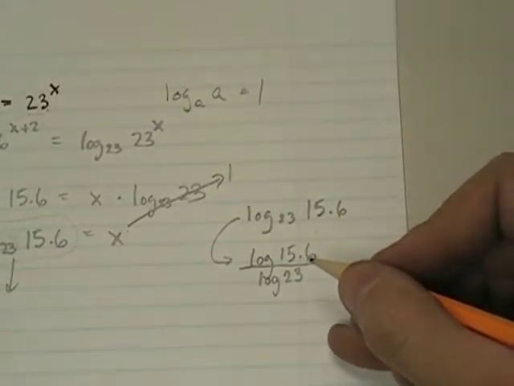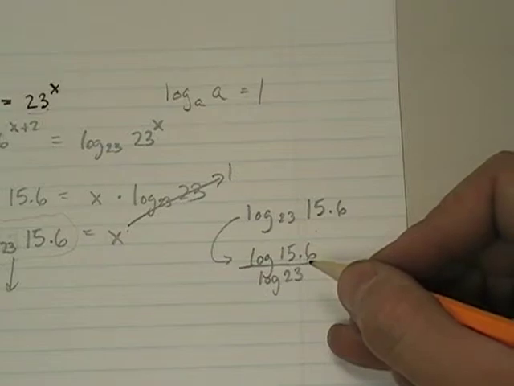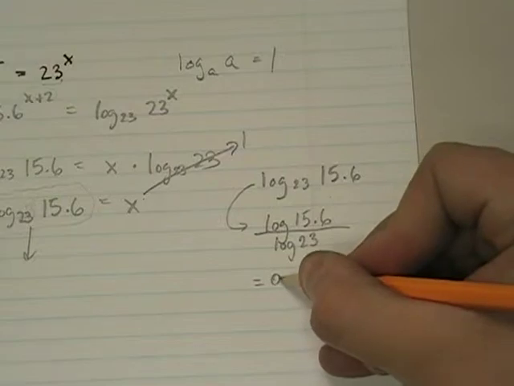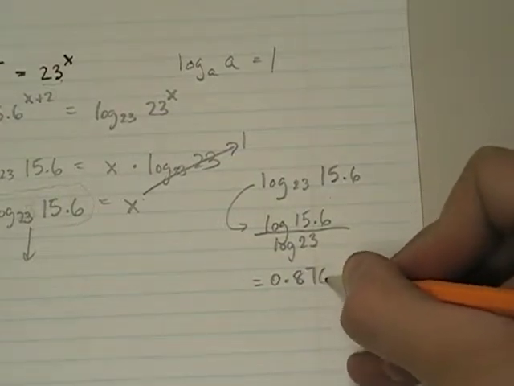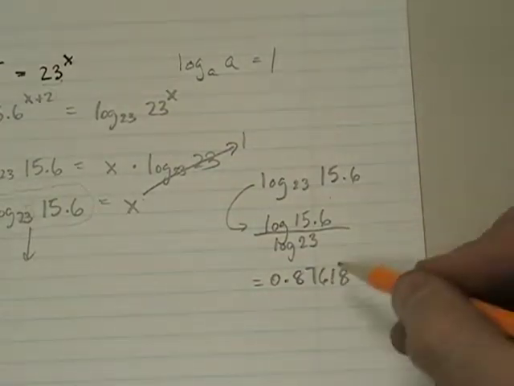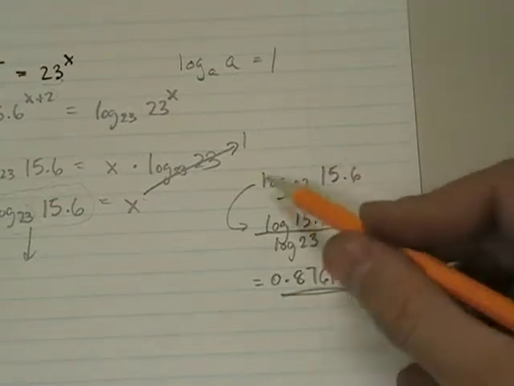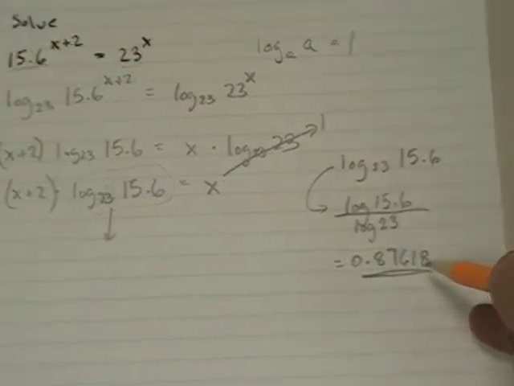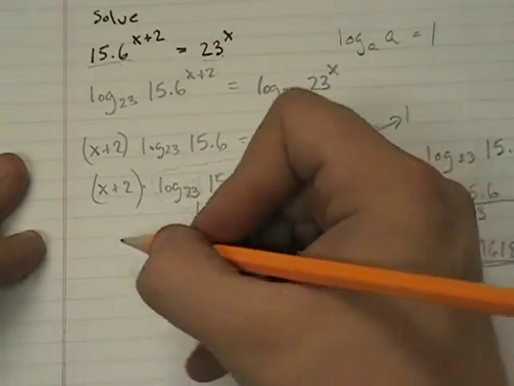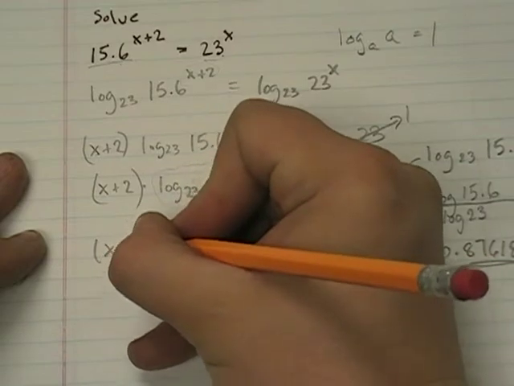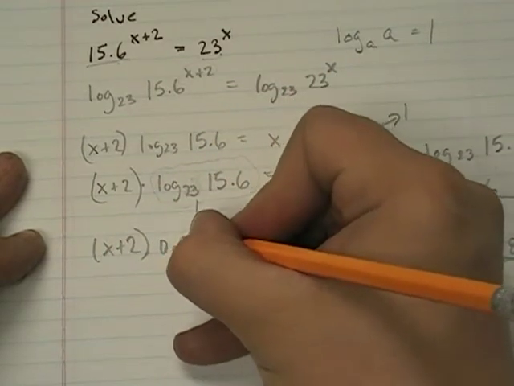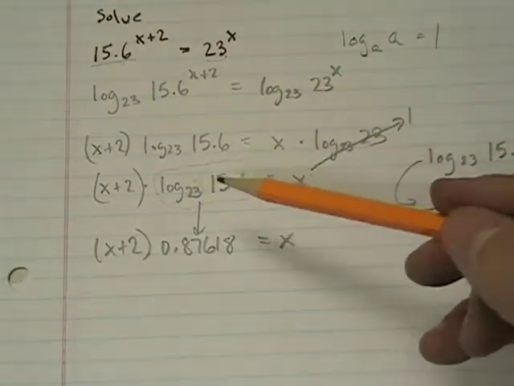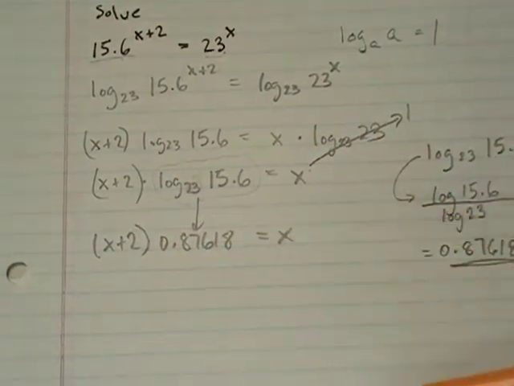And if I rewrite this as log of 15.6 divided by log of 23, I get 0.87618. Okay? So this log 23 of 15.6 is just 0.87618. So guess what I'm going to put here? I'm going to put that decimal, 0.87618.